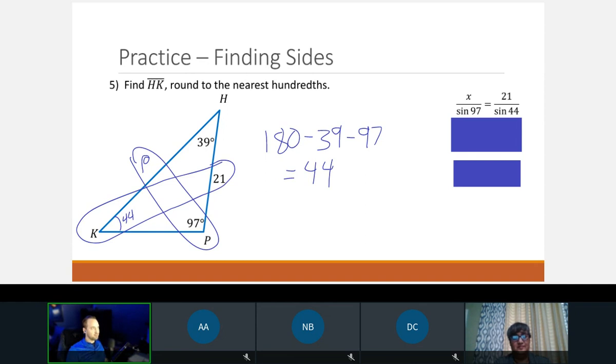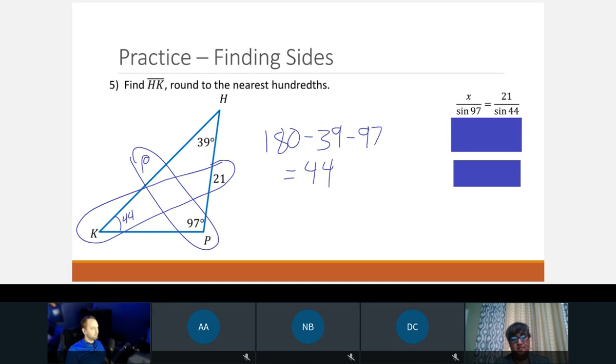Okay. So to solve for x, what do we do? What's our first step after we set it up? What do we do? Remember, we're solving for the missing side. I called it side x. Multiply by sine 97 both sides.